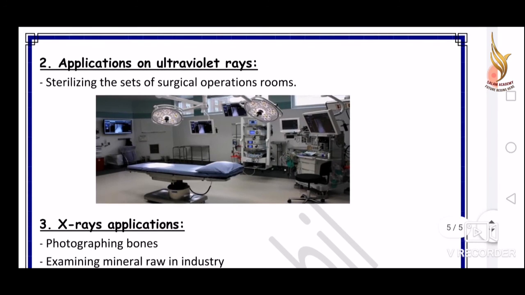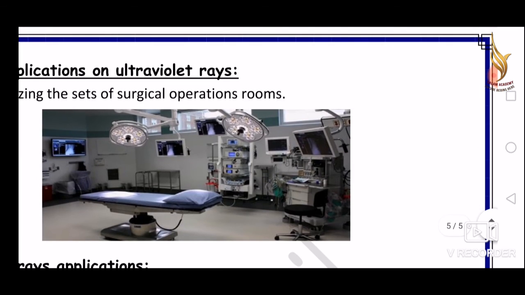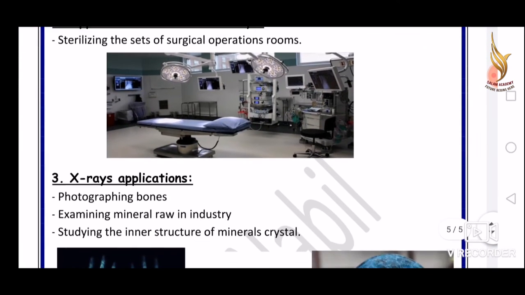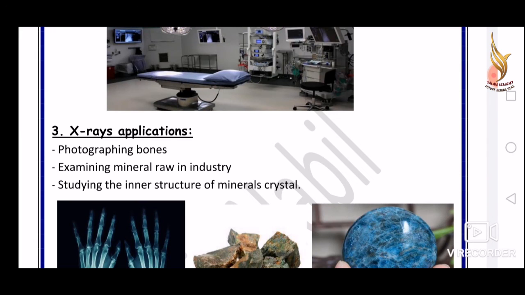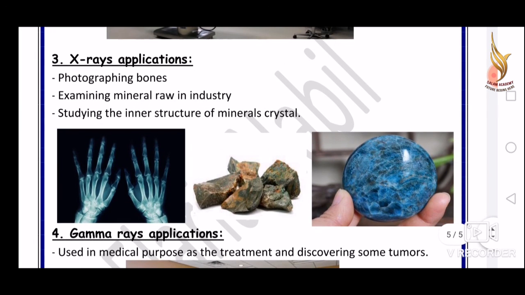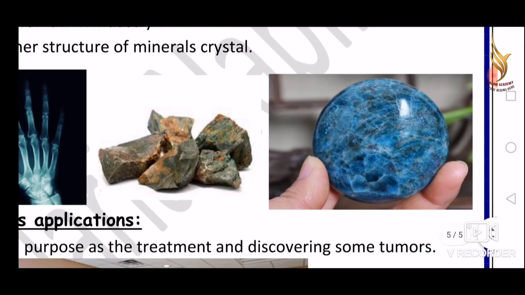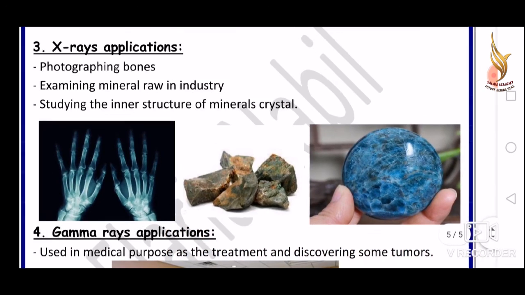Ultraviolet rays are used for sterilizing the tools in surgical operation rooms. X-rays are used in photographic plates, in examining minerals in industry, and in studying the inner structure of mineral crystals, like this in the pictures.